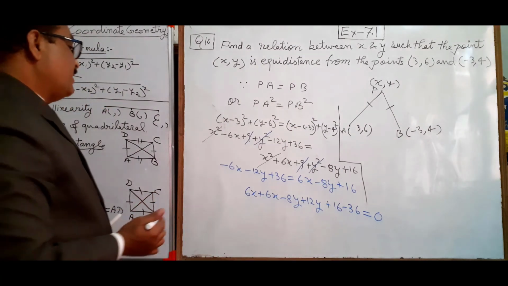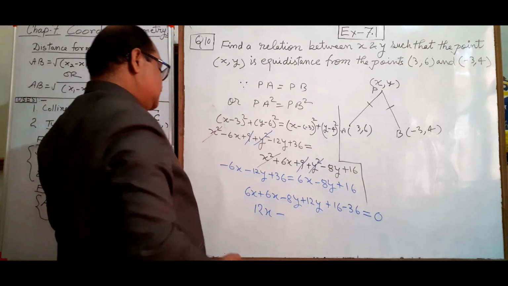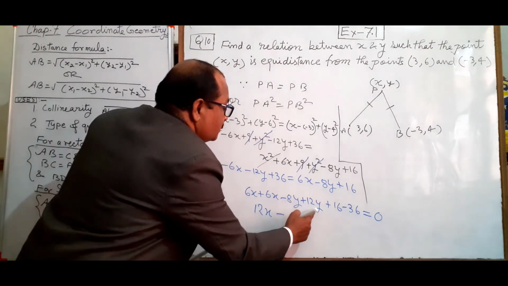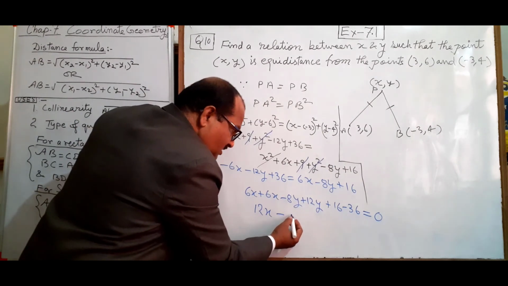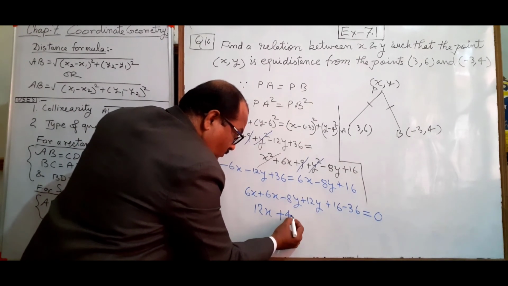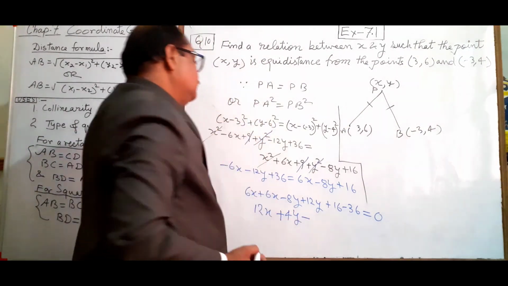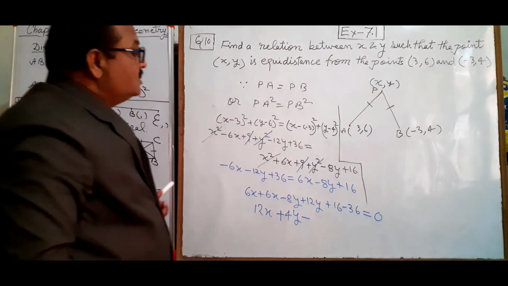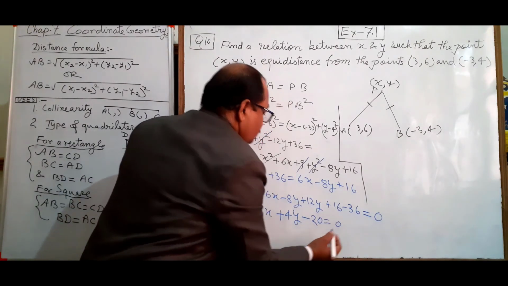So simplifying, it is 12x, minus 12y plus 8y, which is minus 4y, and here minus 36 minus 16, minus 20, is equal to 0.